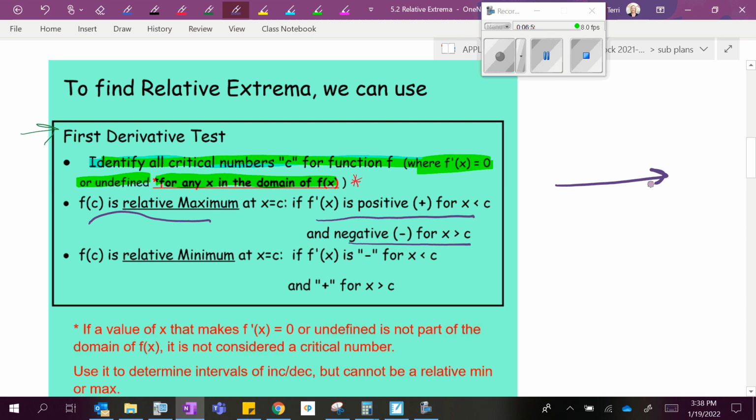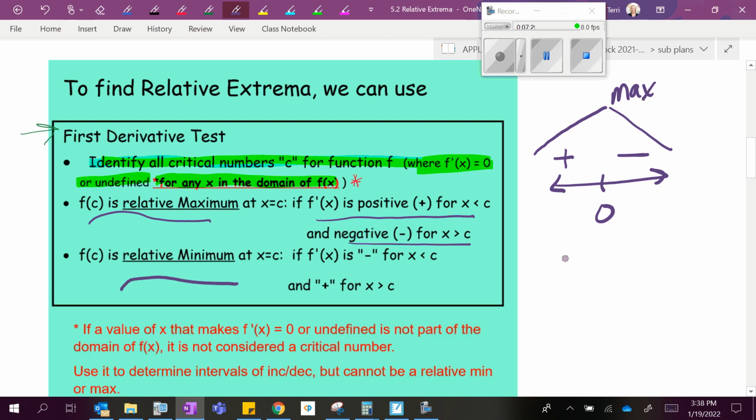So what this means is when we look at our number line, and let's say we found a critical number of 0, and we found that it was increasing to the left of 0 and decreasing to the right, then we know the function's going up to the left and down to the right, so this would be a max.